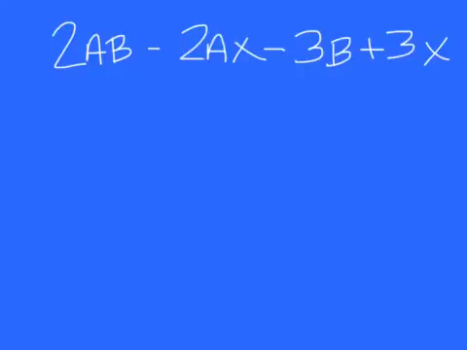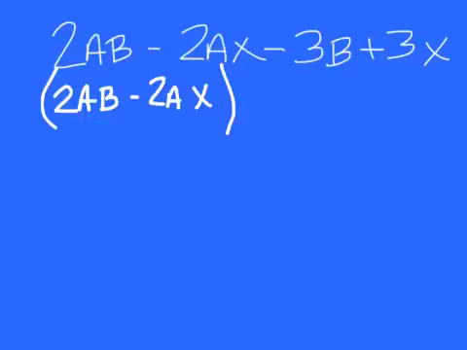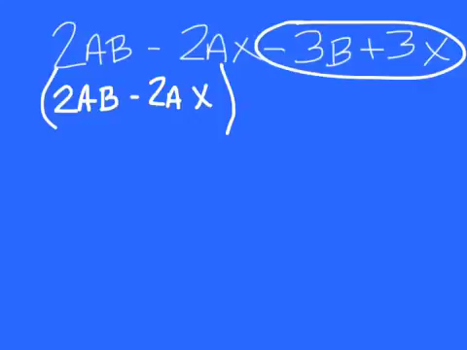Give me two terms that you think I could start with to factor by grouping. 2ab and minus 2ax. Okay, we can do that. And if we had this sign here, since you have your first term that is negative, you have to put the minus sign out here, set up your parentheses, and change the sign of everything inside that circle.